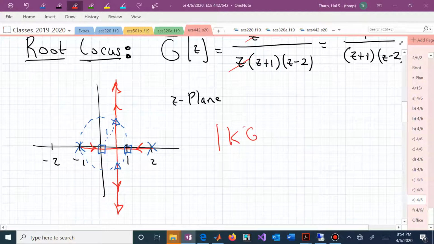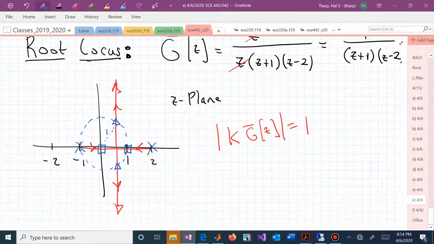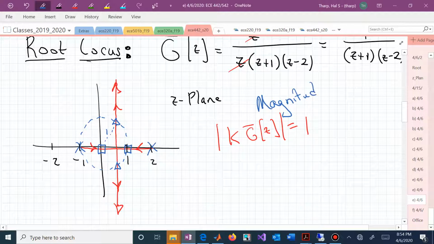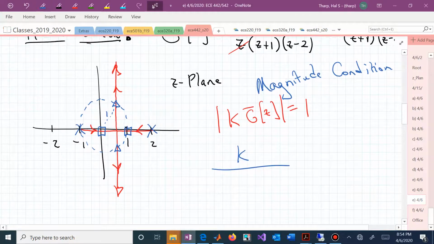We have k G bar of z equaling 1. That's our magnitude condition. We can plug in what we know G bar is, and we're going to assume that k is positive, so we don't need to worry about the magnitude of k.